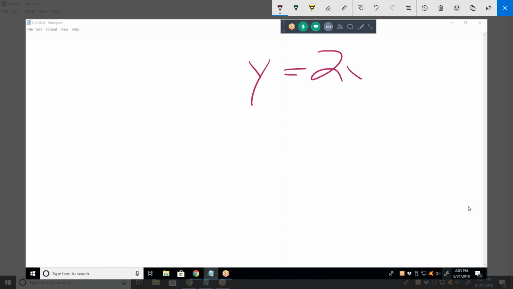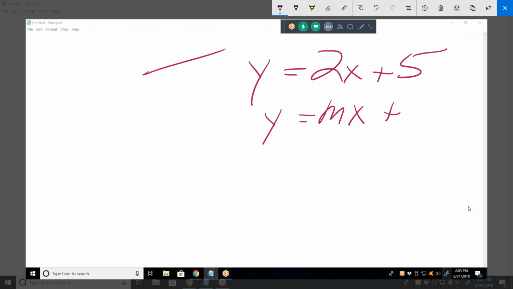That is in y equals mx plus b format. What I previously called regular format. This is the format that you'll deal with in most of algebra, where it's y equal mx plus b, where b is the y-intercept, and m is the slope.